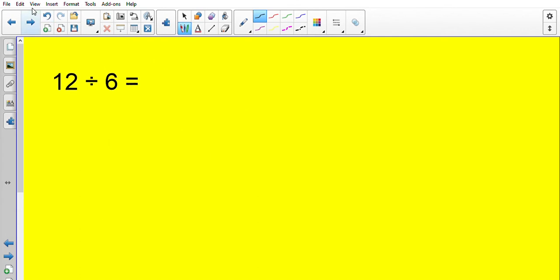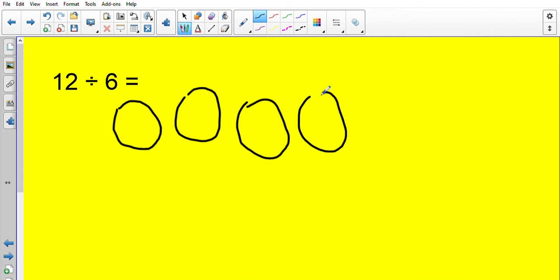12 divided by 6. 6 groups. 1, 2, 3, 4, 5, 6. I'm not very good at counting in sixes, so I'm going to draw the objects in there. So I'm going to do 1, 2, 3, 4, 5, 6, 7, 8, 9, 10, 11, 12.